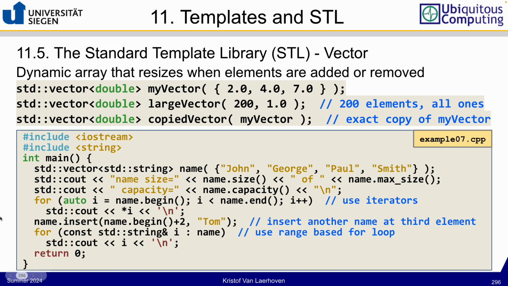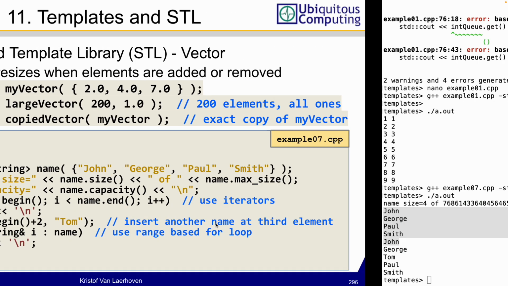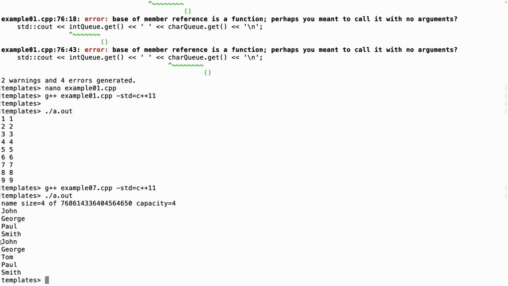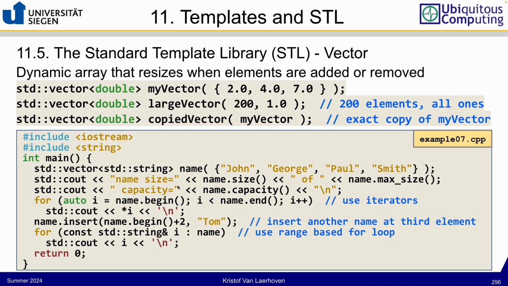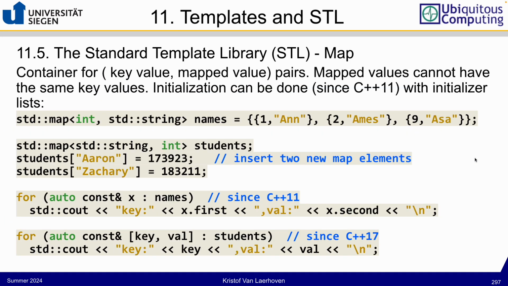And as you can see, there are lots of elements from the past couple of weeks appearing. But this would also be printing out all the names in our vector, including the one that we introduced over here. So note that now we have a longer list and that Tom is inserted right over here. So we went to position 3 and inserted a new name in our vector. Okay? So that is what a vector does.